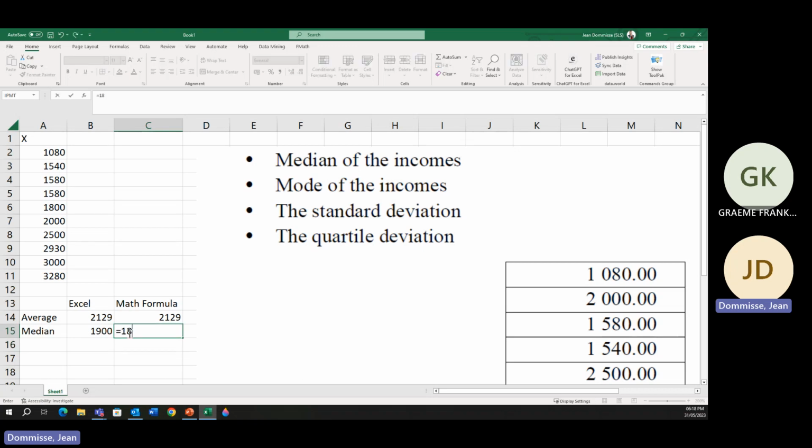So how we could have done it was to take the 1800 plus the difference of those two values, which also gives you the 1900.